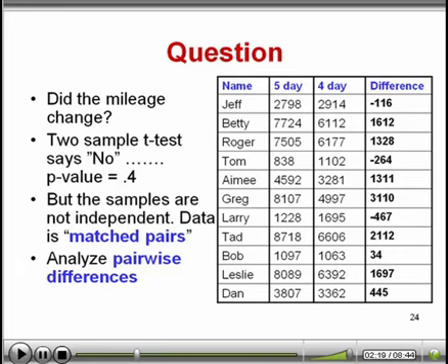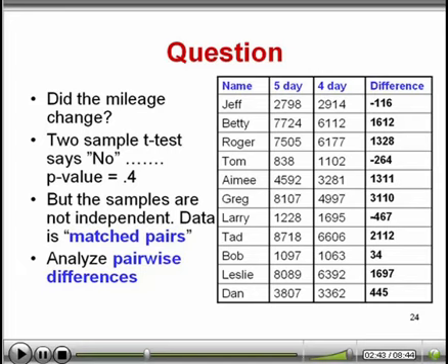So you will notice a third column has been created that records the difference in miles driven, the 5-day-a-week figure minus the 4-day-a-week figure. Negative values indicate that that employee actually drove more miles annually on the 4-day work week schedule.